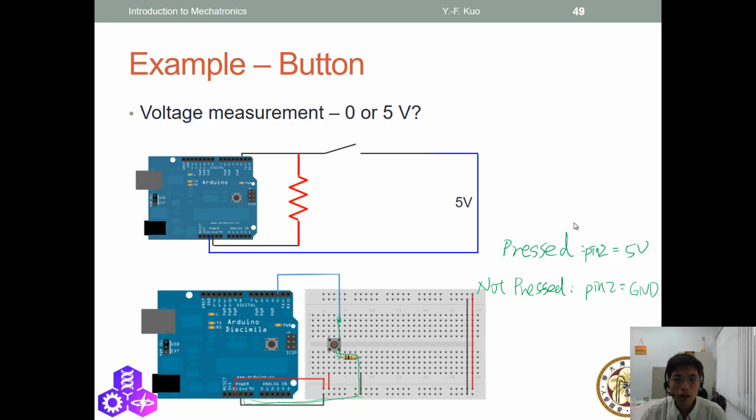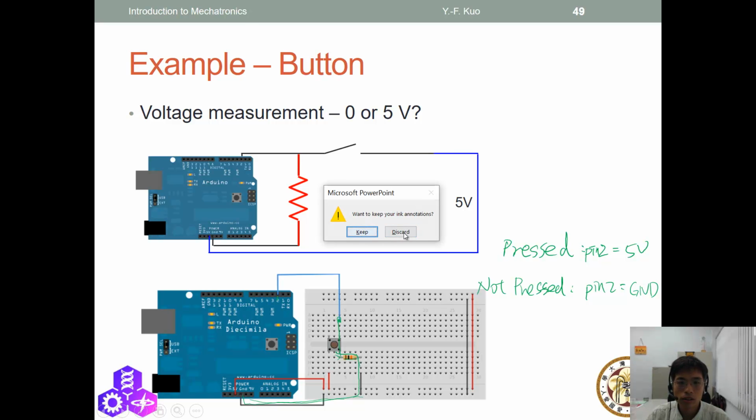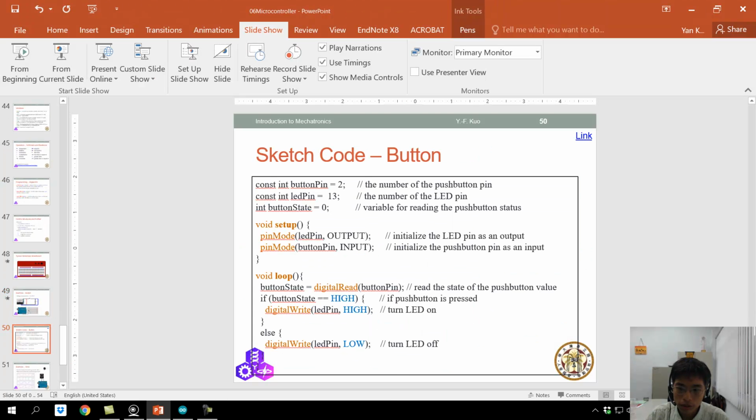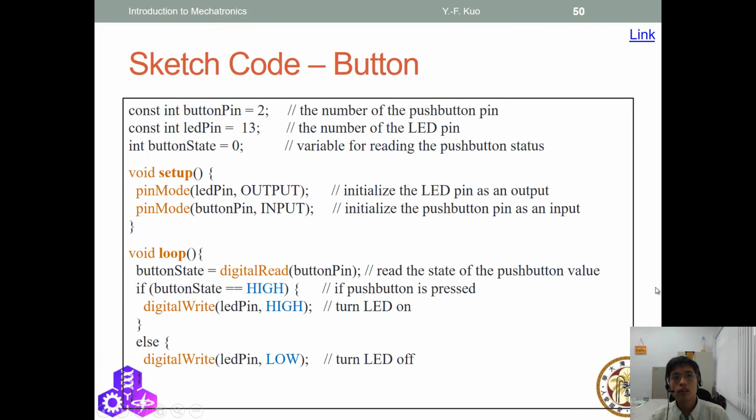Now after you complete the circuit, the next thing you have to do is, over here, the next slide, to run the sketch code button. Okay, so let's run it first to see if it works.